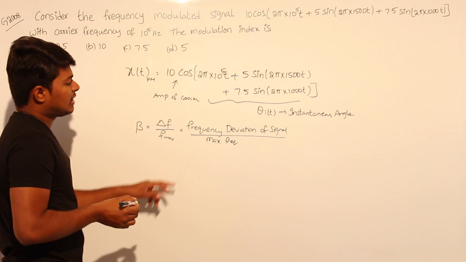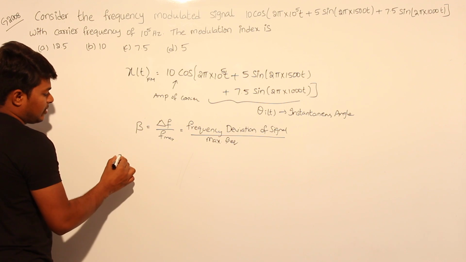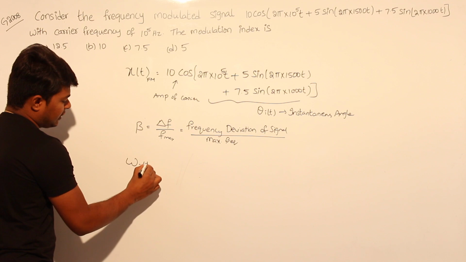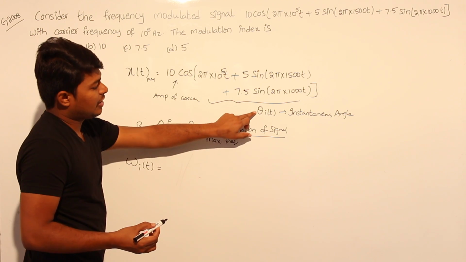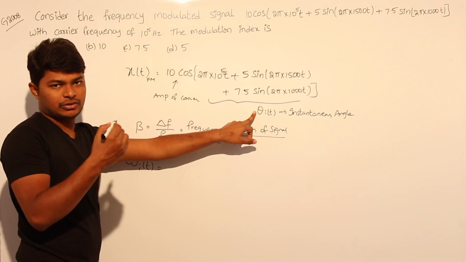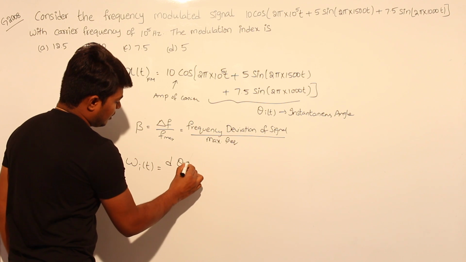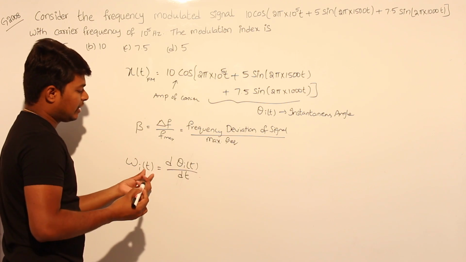Now how do we calculate the frequency deviation of the signal? Frequency deviation of the signal can be calculated by using omega i of t, which is nothing but we need to take this theta i of t, the instantaneous angle, and if we differentiate with respect to time, which is d theta i of t by dt, we will get omega i of t.